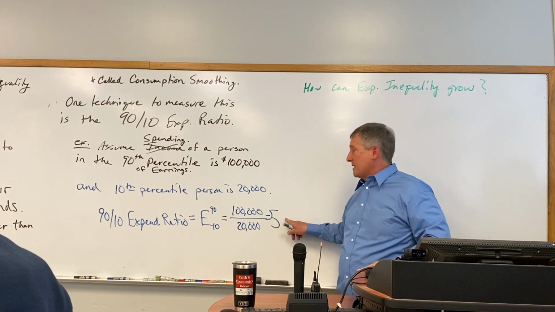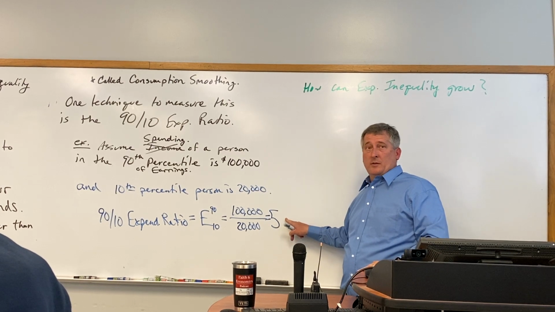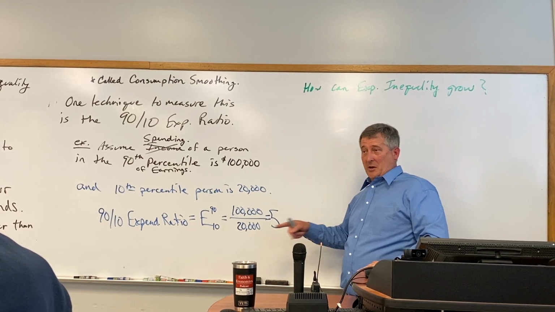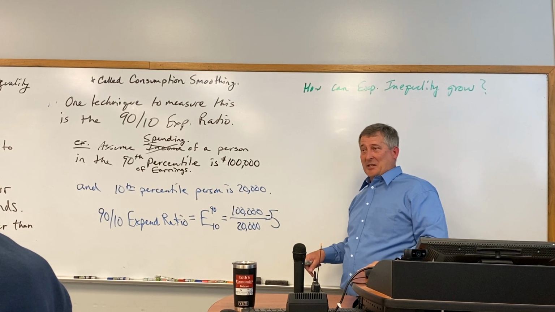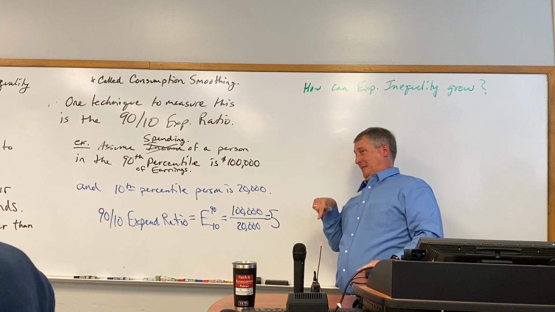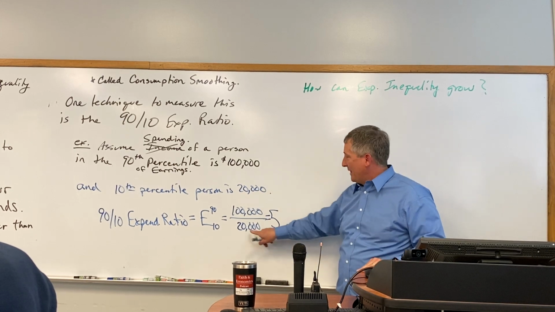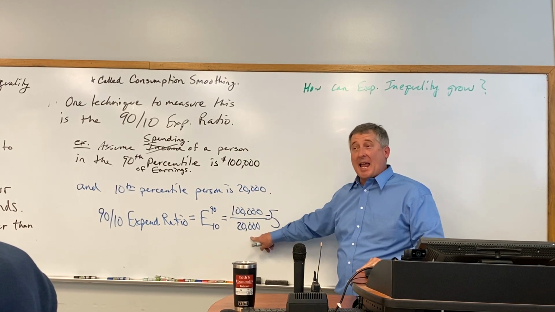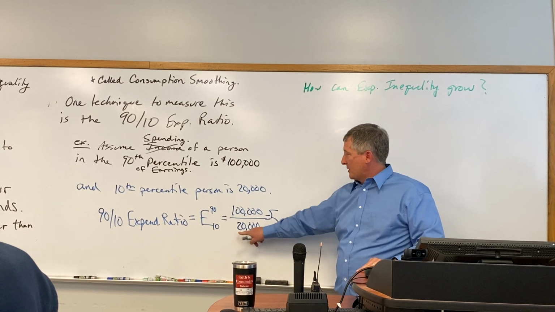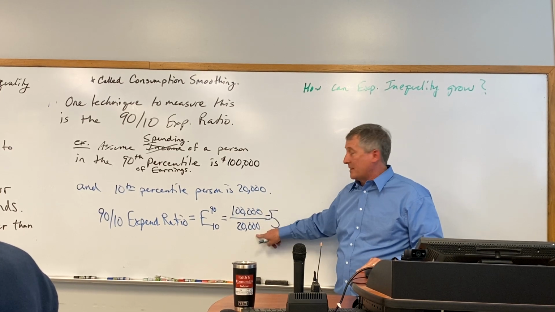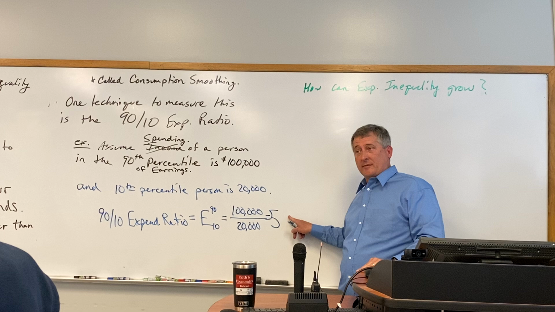Now, how else can this number go up, though? Jesse, I think you said it. The bottom goes down, right? So if this one drops to 10,000, then 100,000 divided by 10,000 is also 10, right? So you with me?